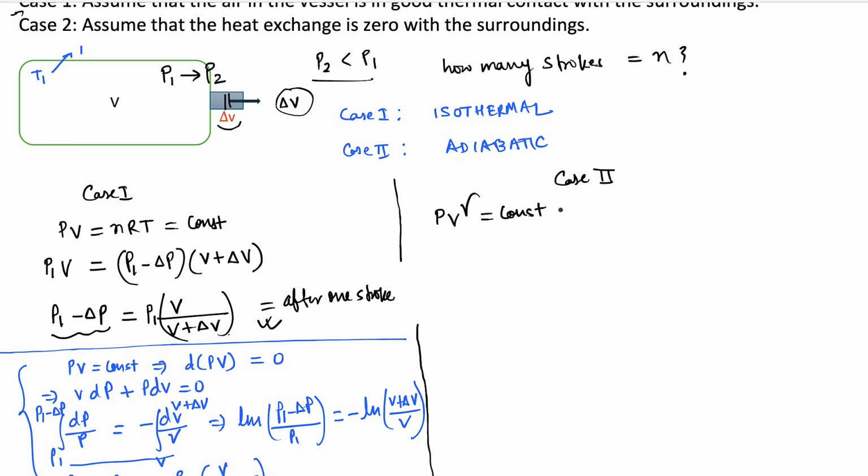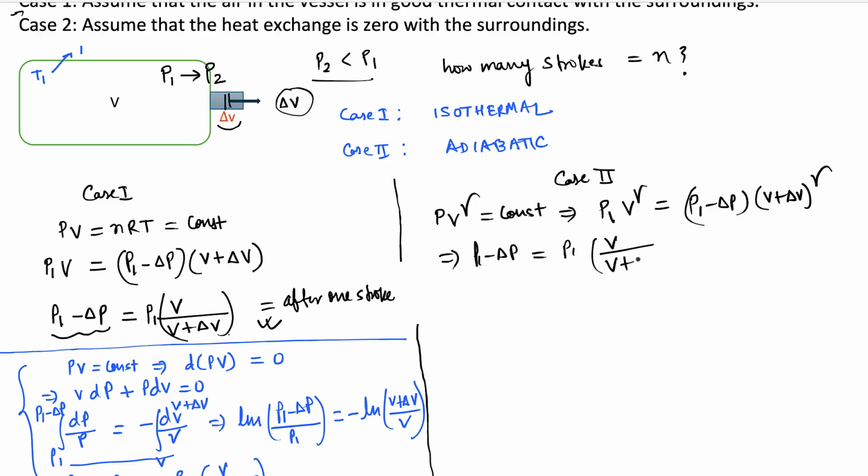And therefore, if the initial pressure is P1 V^gamma, then it will be (P1 - delta P)(V + delta V)^gamma. And P1 - delta P is P1 (V / (V + delta V))^gamma, right? So this is the pressure after one stroke.